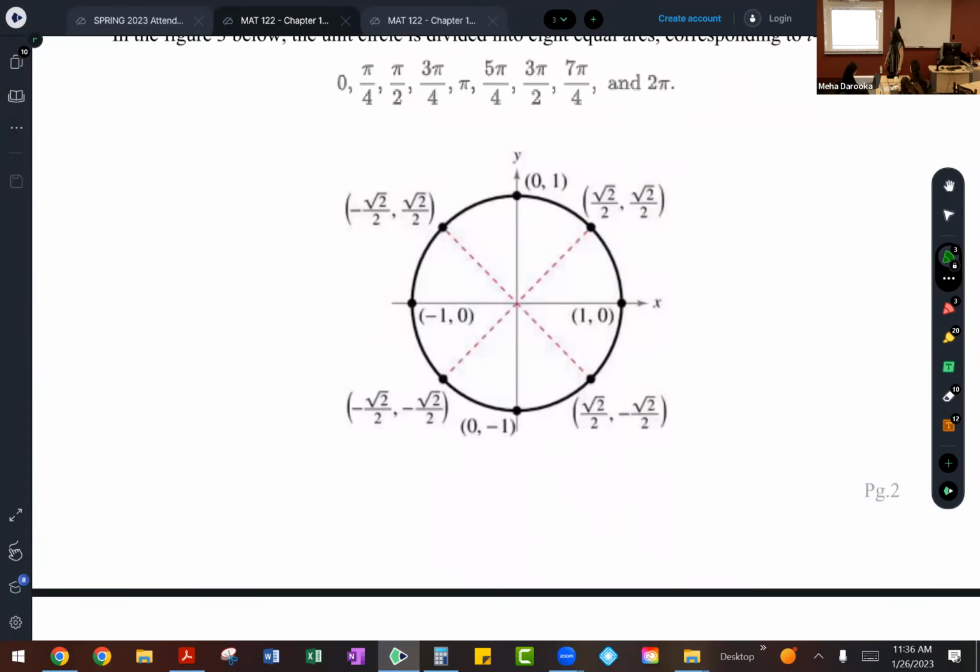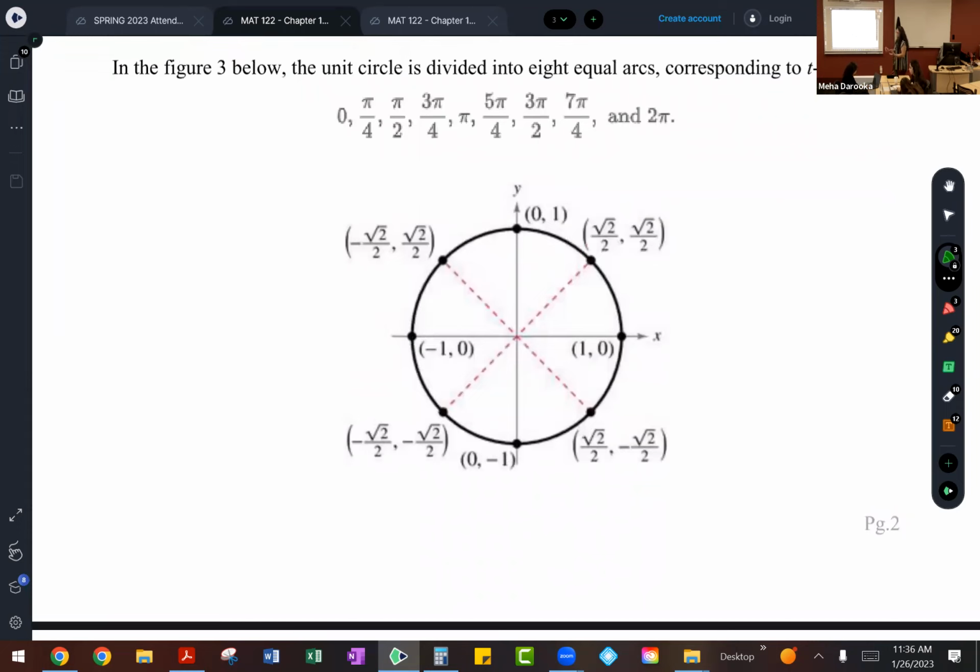Then we also talked about how you can use the idea of the x and y coordinates for each of the points on the unit circle. So basically, for each angle measurement on the unit circle, it will also correspond to an x and y coordinate. You can see that over here, because these are making 45-degree angles.